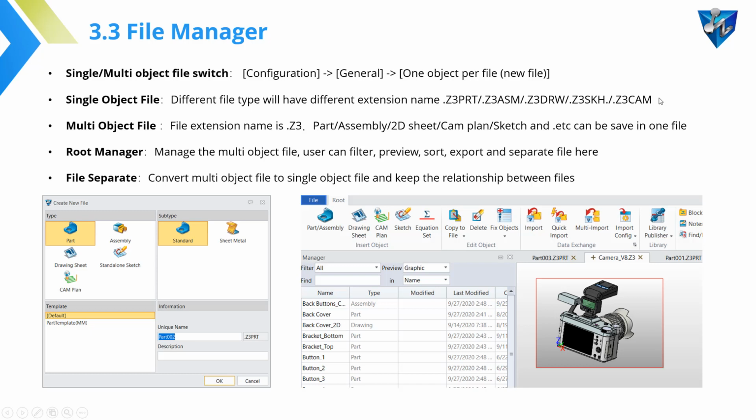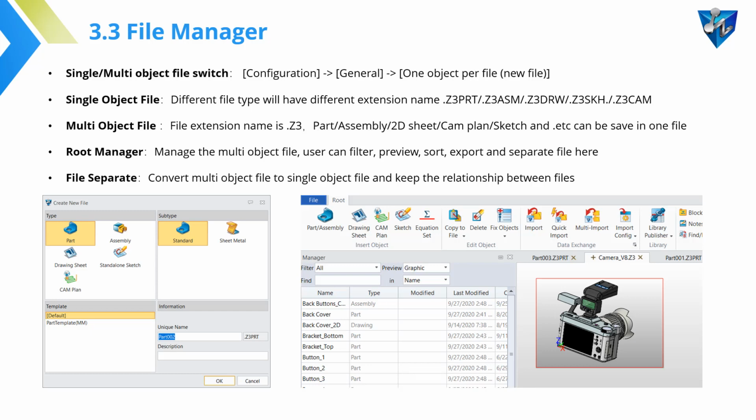So what is the multiple object file? For the multiple object file, all the files, including the assembly, part, 2D sheet, CAM plane, and so on, will be saved in one file, and the extension name is Z3. For the multiple object file, we have the root manager, and under the root manager, you can manage the multiple object file. The users can use the filter to select the target object, or use the preview to check the graphic or attribute.